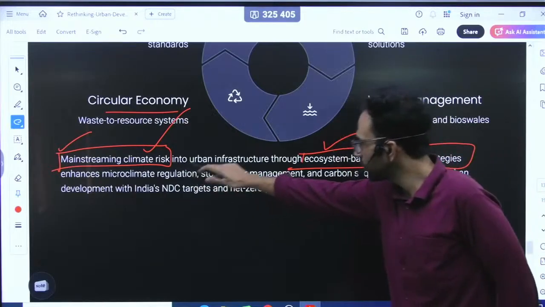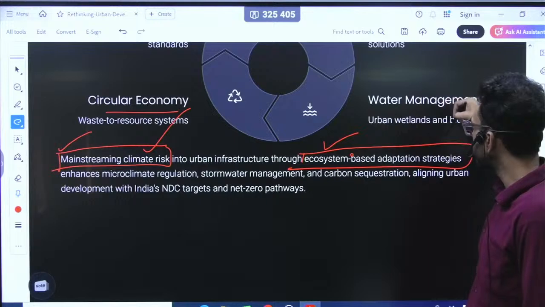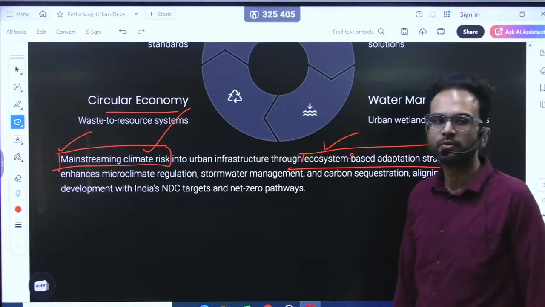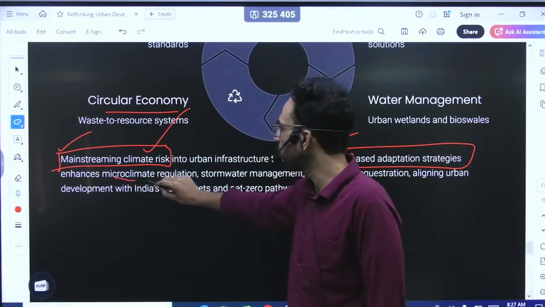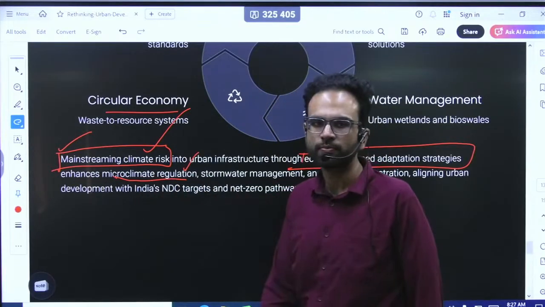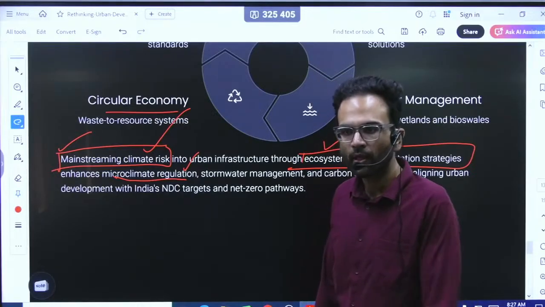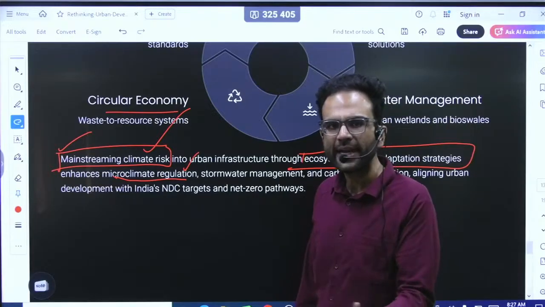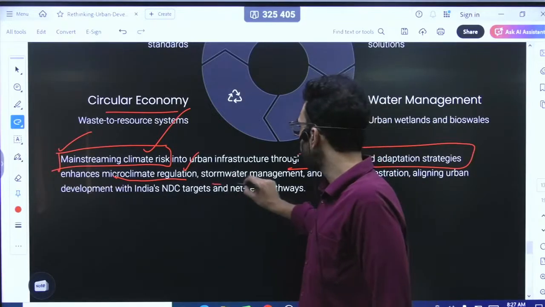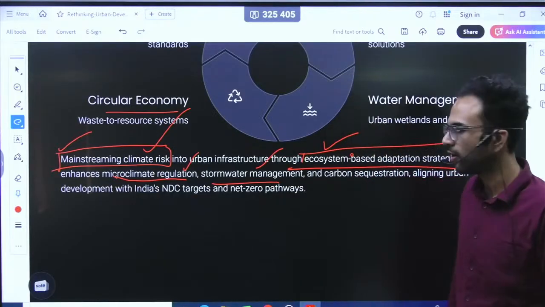Mainstreaming climate risk into urban infrastructure through ecosystem based adaptation strategies. What is the impact it will have? Enhances microclimate regulation. What do you mean by microclimate regulation? In a local area, you will not see issues like heat islands, stormwater management problems. You will not see lakes on the roads when there is a small rainfall.